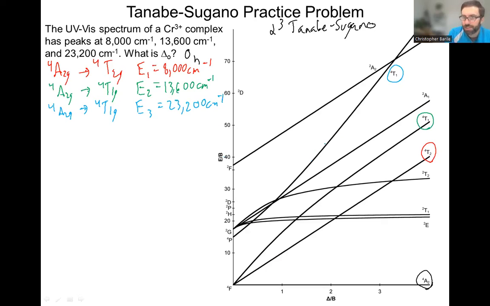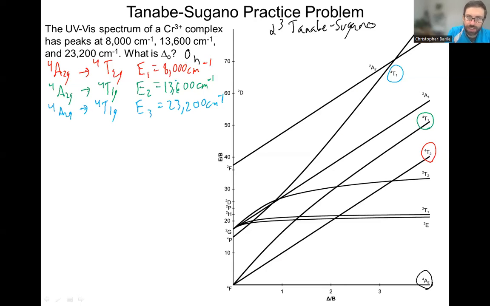It's very nice that in this practice problem, they gave us 3 peaks and we only have 3 spin allowed transitions. So it gives us some confidence that we picked the right Tanabe-Sugano diagram. But in some cases, they might give you only 2 peaks, but there are still 3 spin allowed transitions. The UV-Vis spectrum might have only shown 2 peaks because the third peak was so high in energy, it was off the range of where the UV-Vis spectrometer could access. It's too far in the ultraviolet. So just keep that in mind.